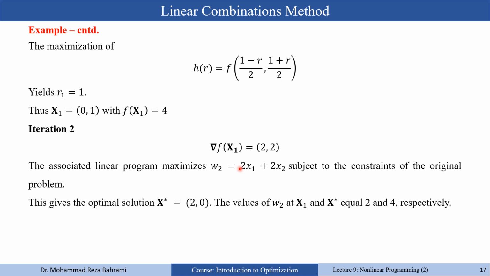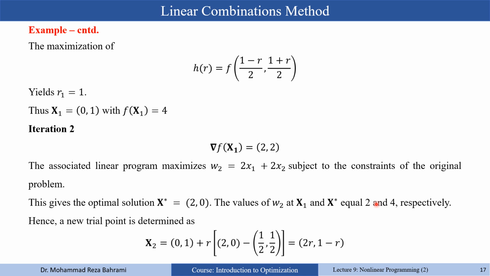You substitute it here, so you have a 4 if you substitute 2 here. And the other one, you should substitute, it is 4, 2 times 2 is 4. And here you have a 2. So they are not equal to each other. It means that you have to go to another point, which is x2.